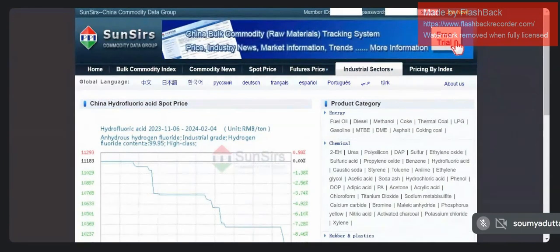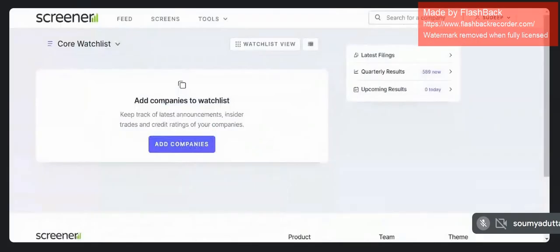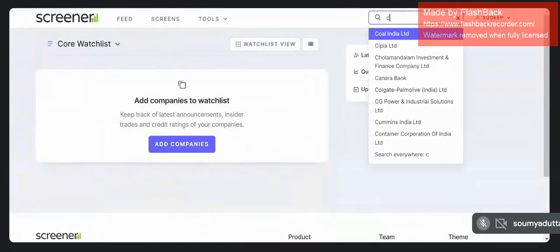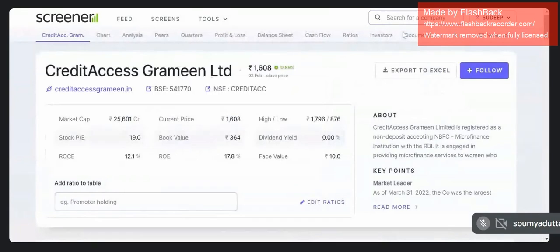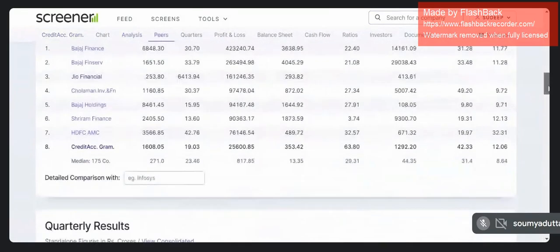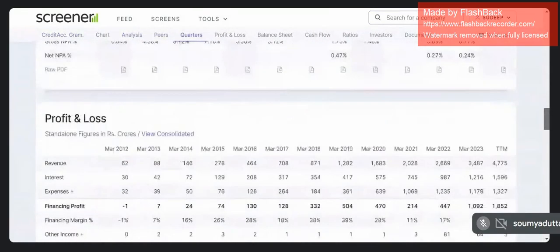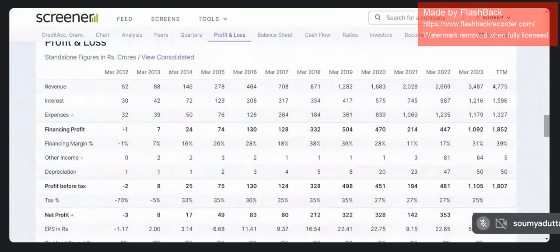Look, Credit Access Grameen. What do you see here? Current margins are 30, 31%, correct?